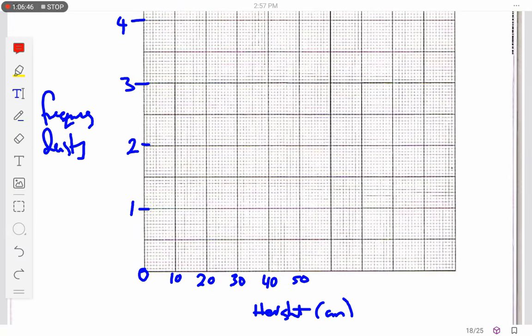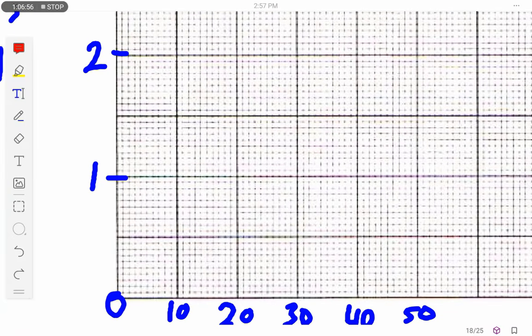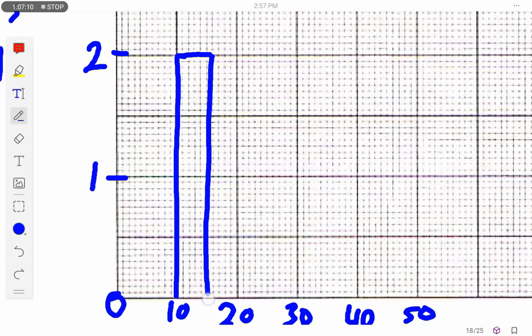Drawing for the first one, it was 10 to 15, with a frequency density of 2. So we are at 2 here, 10 to 15, at the center there, like that.